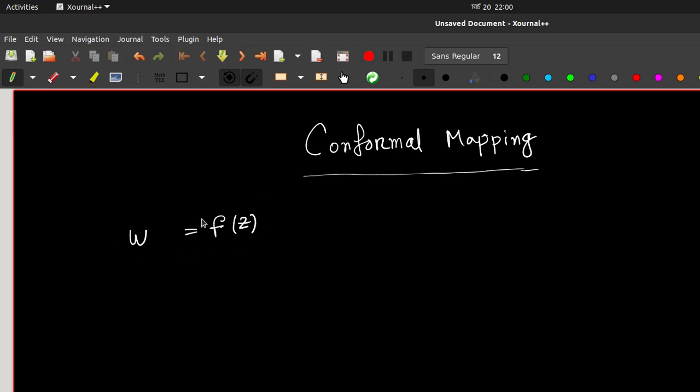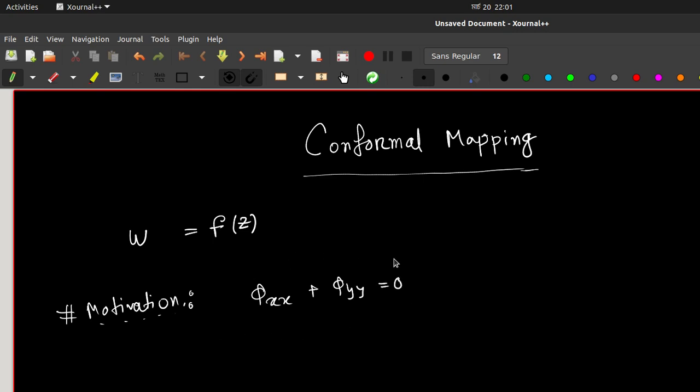So this was one sort of mapping, and now what we want to do is discuss the special type of mapping that is known as conformal mapping. So one of the motivations would be to solve Laplace's equation that was given by this.